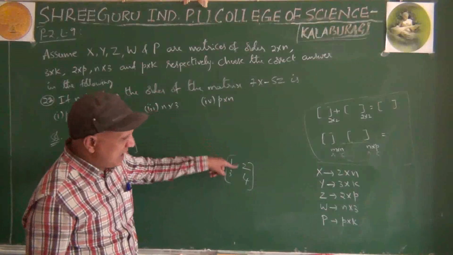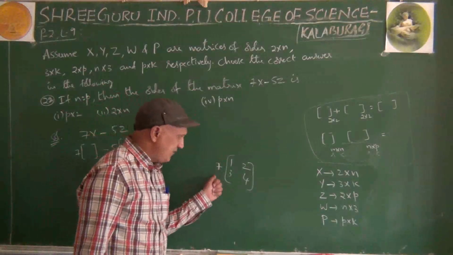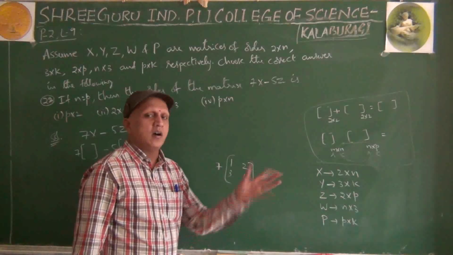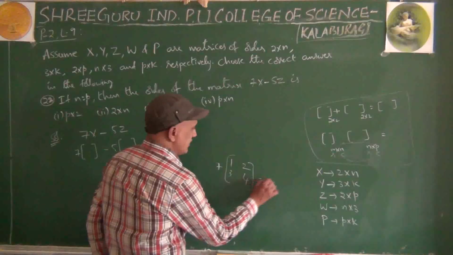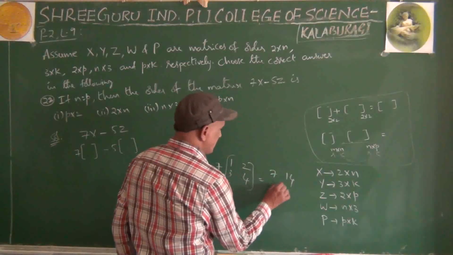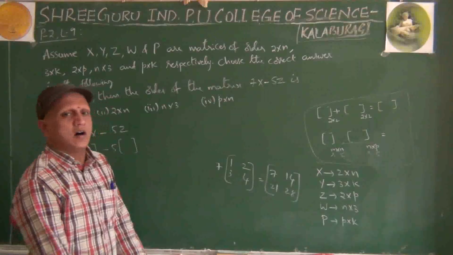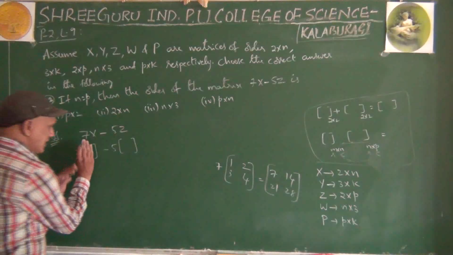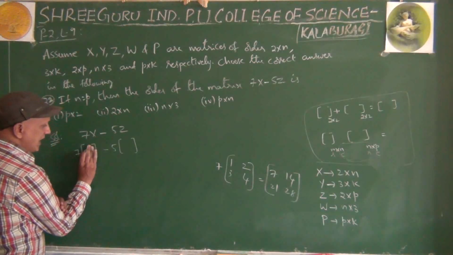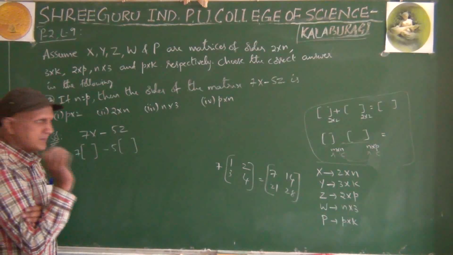If you multiply with 7, scalar multiplication, the order does not change. 7 1s are 7, 7 2s are 14, 7 3s are 21, 7 4s are 28. No change in the order. If you multiply any matrix with a number, the order will not change.